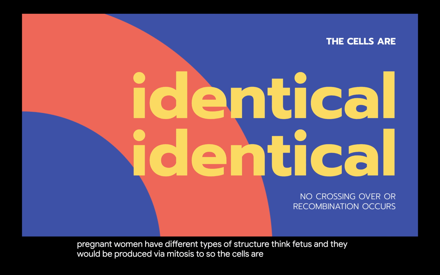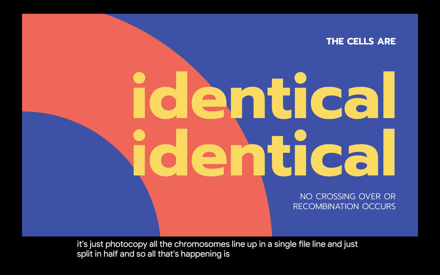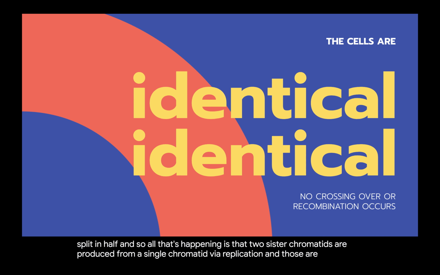So the cells are identical. Really, it's just a photocopy. All the chromosomes line up in a single file line and just split in half. And so all that's happening is that two sister chromatids are produced from a single chromatid via replication, and those are exactly genetically identical.